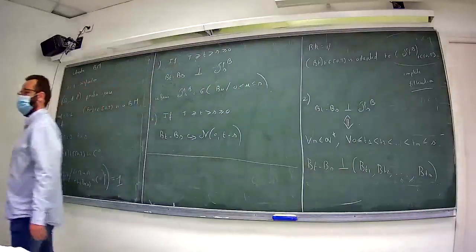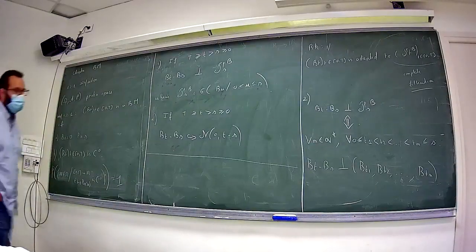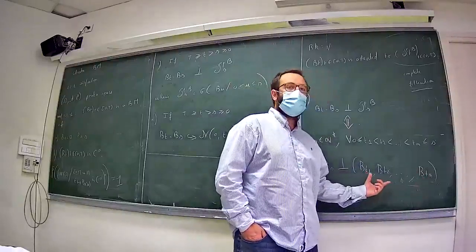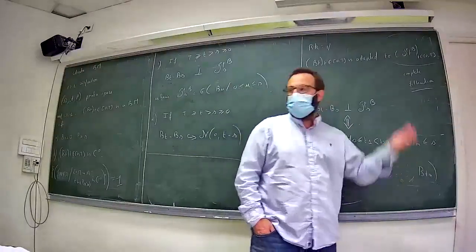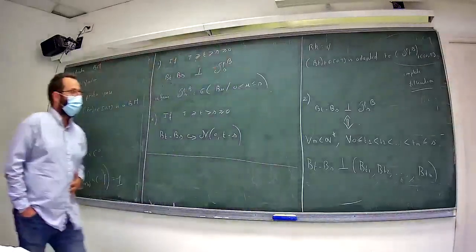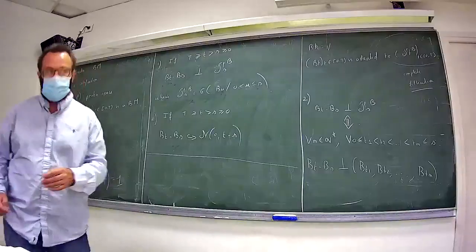It's equivalent. To prove that Bt minus Bs is independent of Fs just means that Bt minus Bs is independent of all these kinds of vectors of any size, with any times being in the interval 0 to s. So this is the meaning of this.